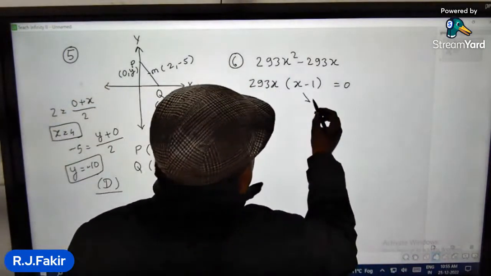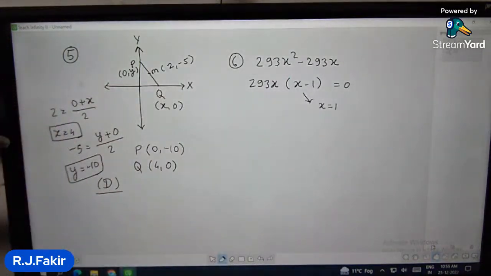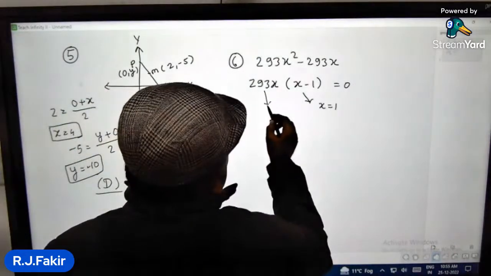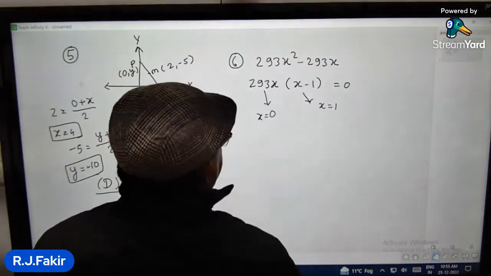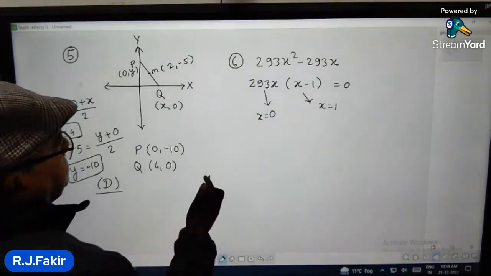This x minus 1 will give me x as 1. And this portion 293x will give me x equals to 0. That means there are two zeros possible for this. And what is the option now? Two zeros. Option C is correct.